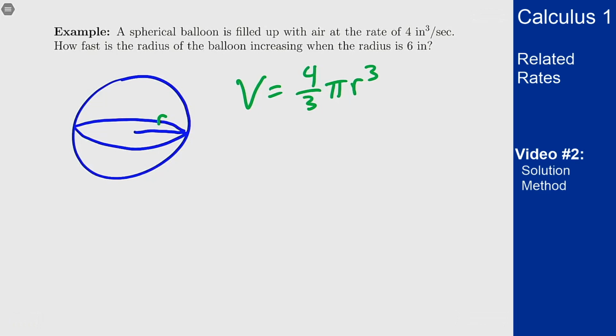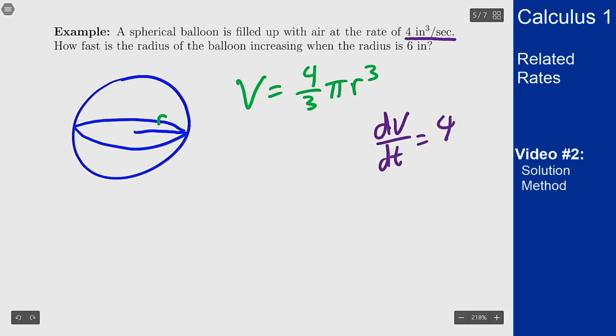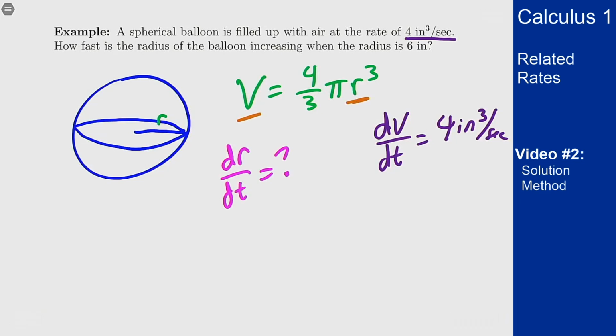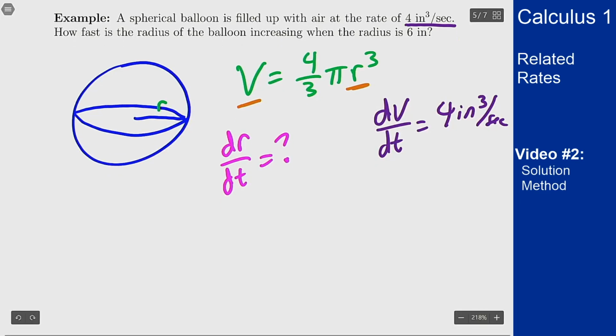This is the right equation I need because I'm given a fact about the rate of change of volume. dV/dt is 4 cubic inches per second. And I want to know about the change in r. The two variables that show up in my equation are V and r. So when I differentiate this, I will get an equation that connects the rate of change of volume to that of radius.